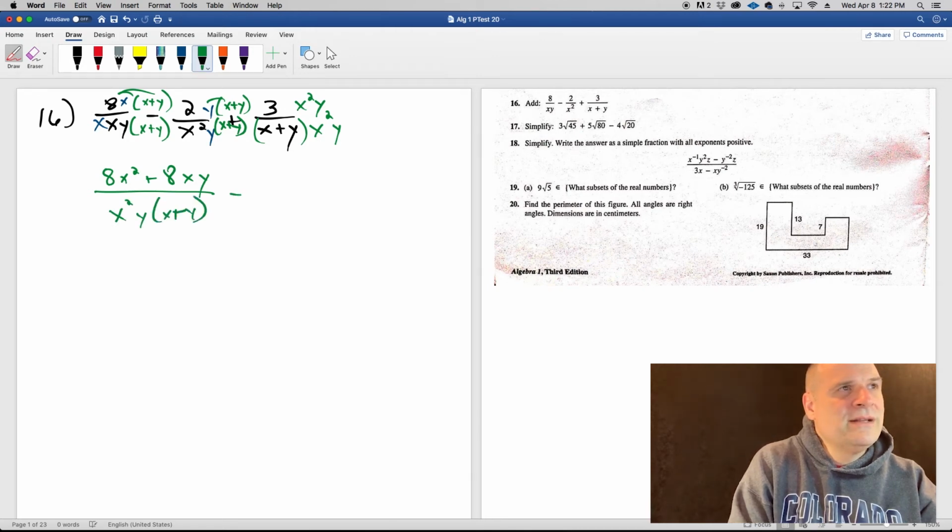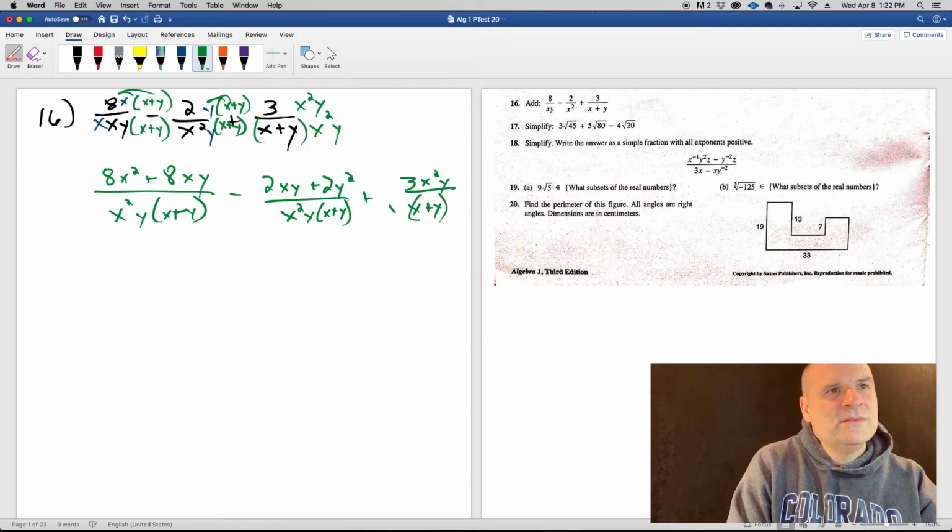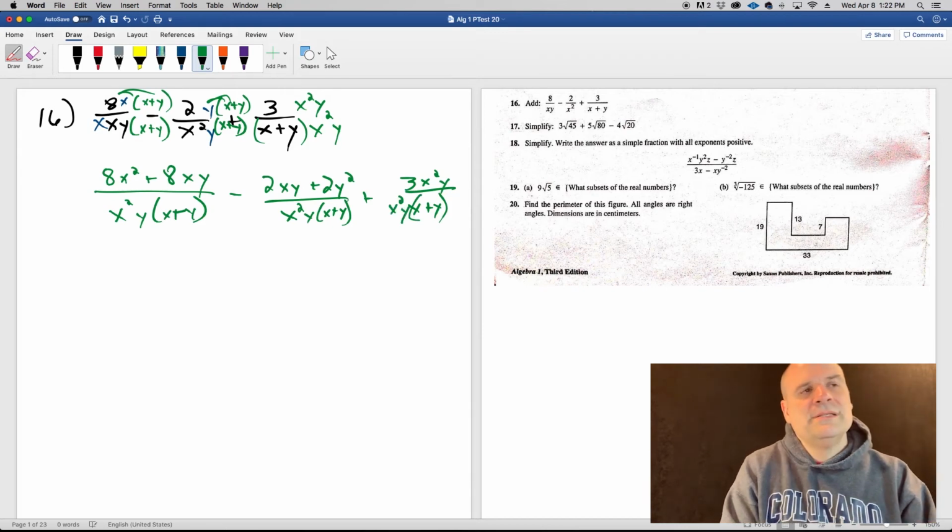Okay, then we're subtracting, let's distribute this. 2xy plus 2y squared, all over that same denominator. Plus, these just squish together, so 3x squared y, all over x plus y. And then we'll just write this over here, just so it looks pretty and the same.